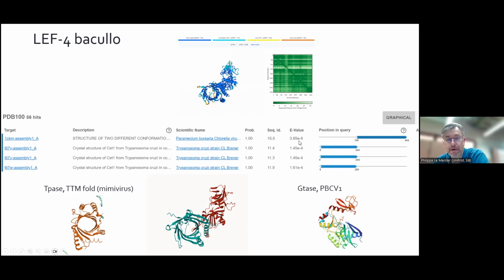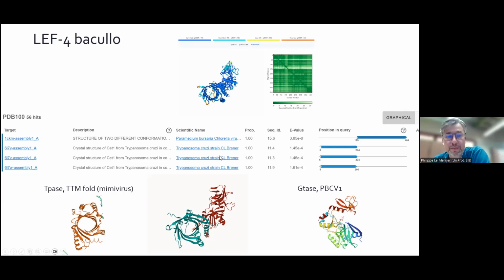You have an expect value, like you have from BLAST. For BLAST, we usually consider that everything below 10 to the minus 5 is good. But in my hands, it's a different software than BLAST. You can go much below and find real similarities for viruses, at least for the ones I looked at.